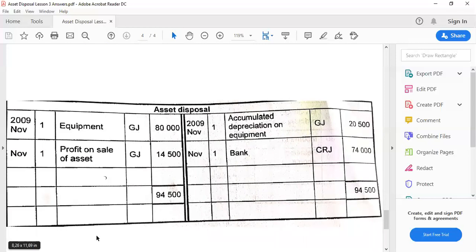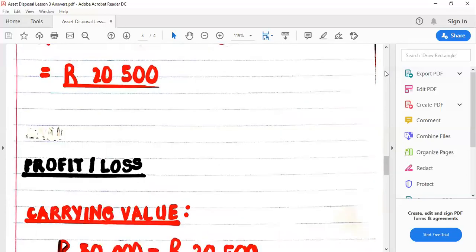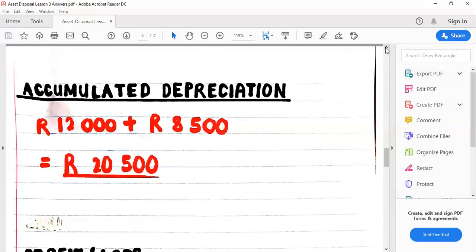Then you look on this side here, the 20,500 Rand. Remember we've done the steps D and A. D was the depreciation for the current year and A was the accumulated depreciation. So this 20,500 Rand, remember we worked it out just now, goes here on the credit side.